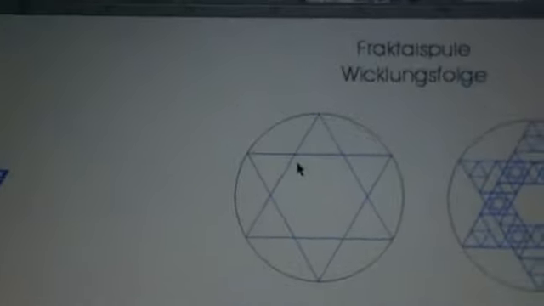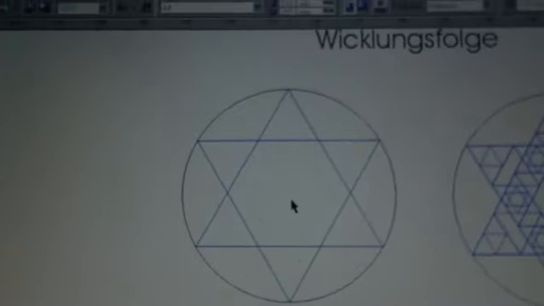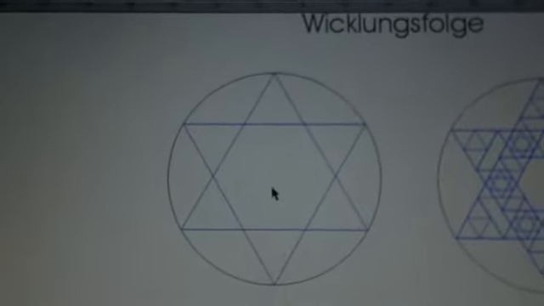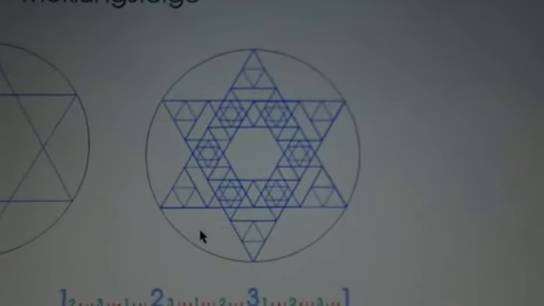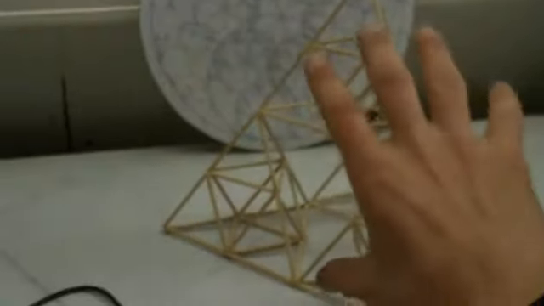You get this Star of David configuration, or tetrahedral form, and you build up a fractal structure. In 3D, it is the Sierpinski fractal. And you double this.